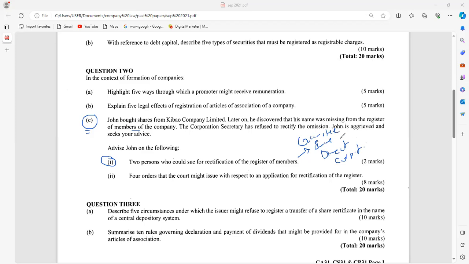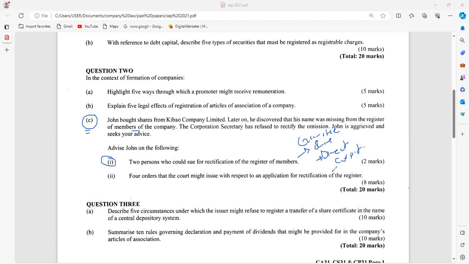So the director, if becoming a director also meant that you buy shares and you want your name to be there. So that one. Another company, if a company bought shares in another company. So those are 4 been asked for 2. Okay. So anybody who can become a shareholder or anybody who can become a guarantor and then they want to be a member, they can sue.